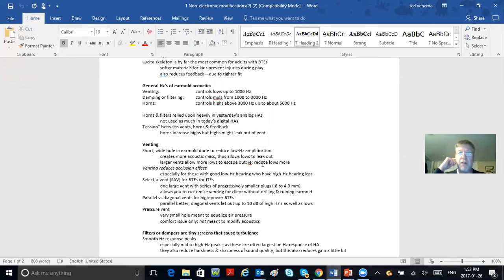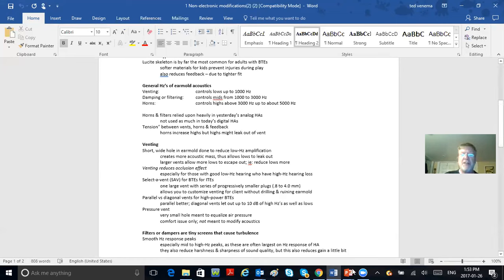The ear that's plugged is going to hear your voice louder, right? Plug this ear and talk. You're going to hear yourself louder in the ear that's plugged. If you don't, you've got a conductive hearing loss. It's called the occlusion effect. Venting reduces the occlusion effect, especially for those who have good low frequency hearing and for those who have high frequency hearing loss. So for sloping losses, venting is very important.